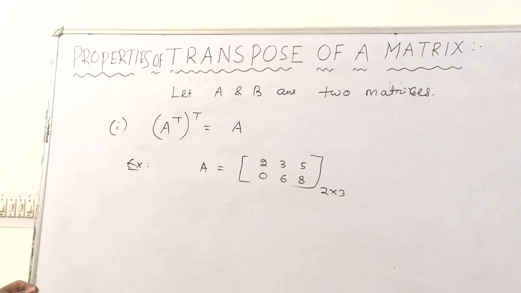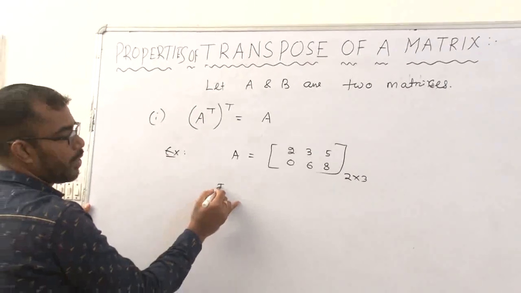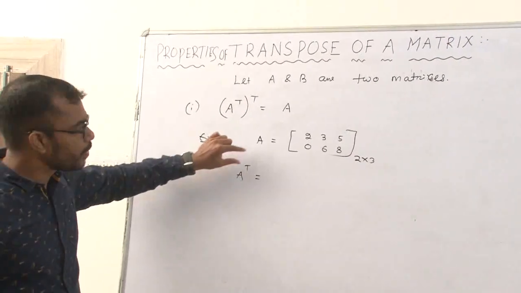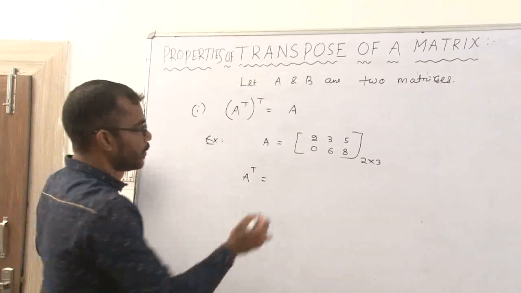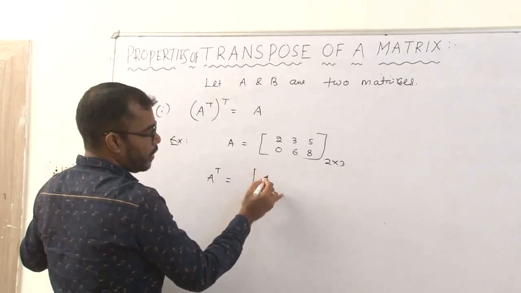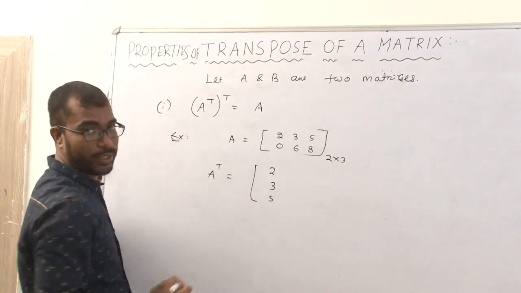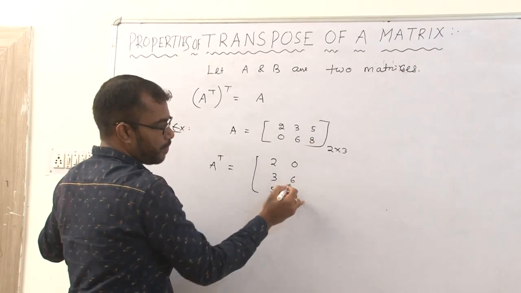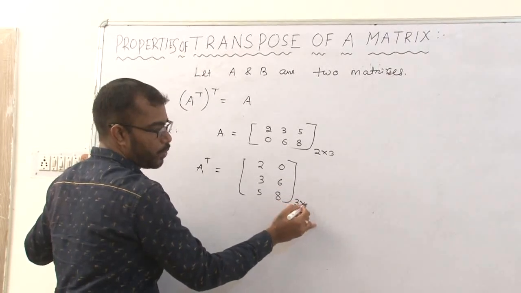Now we first have to calculate A^T. How do we calculate the transpose? We interchange rows into columns. So this matrix will be 2, 3, 5 as the first column and 0, 6, 8 as the second column, the first row changing to the first column and the second row changing to the second column, and its order is 3 into 2.